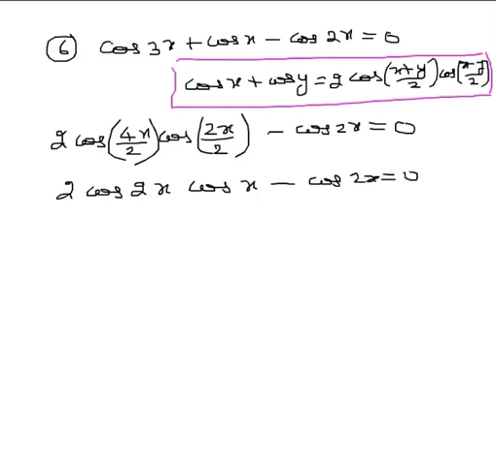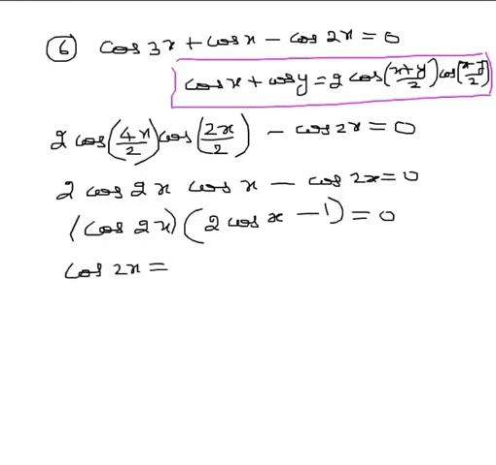While solving a trigonometric equation, you have to factorize. Take out the common terms. We get cos 2x is common. We get 2 cos x minus 1 equal to 0. Now we have two factors. Product of two terms is 0. So either this must be 0 or the other term must be 0.